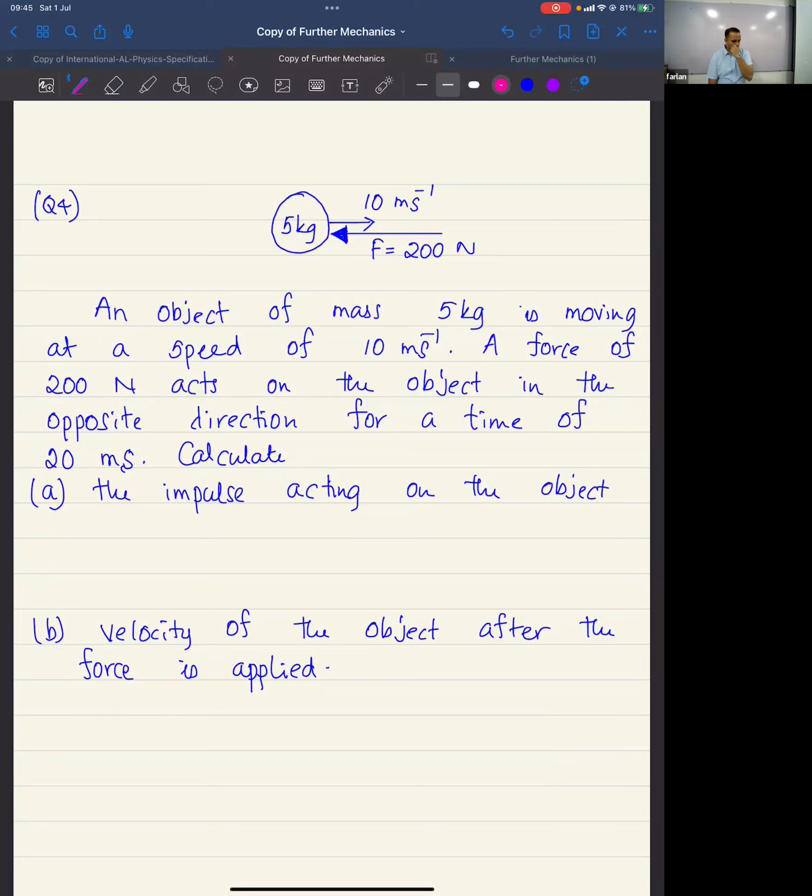What's your answer? Part B. 9.2, with the opposite direction?